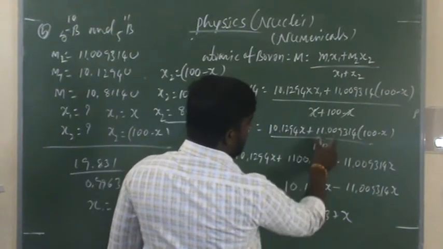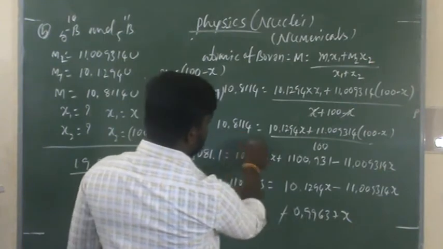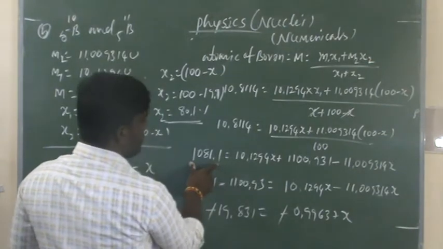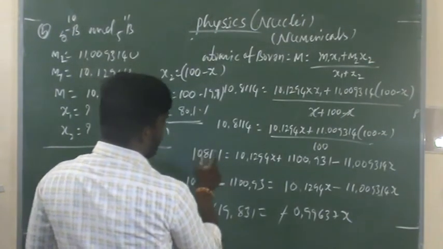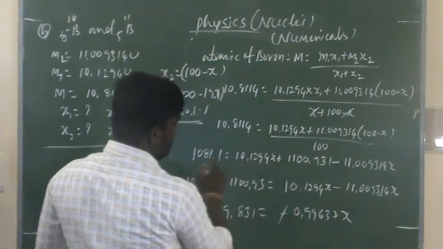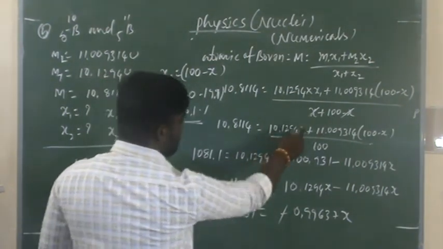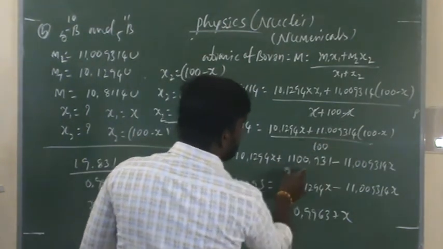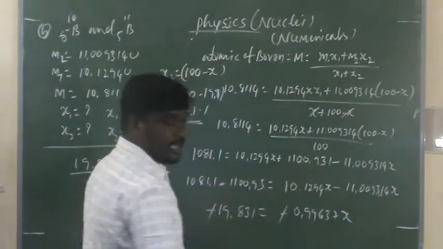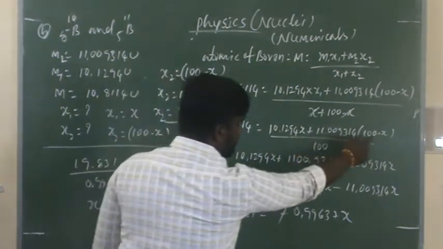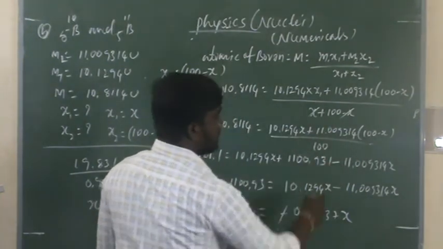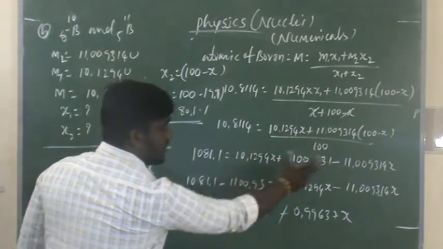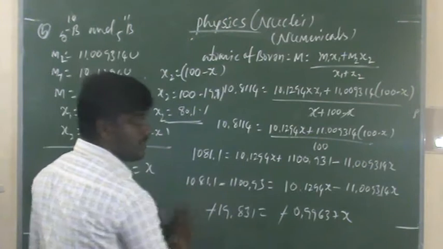First we cross multiply, 10.814 into 100, that means 1081.1 is equal to the remaining terms: 10.1294 into x plus 11.0934 into 100, which is 1100.931, again minus 11.0931 into x. Here I am separating the terms that have x from the remaining terms.